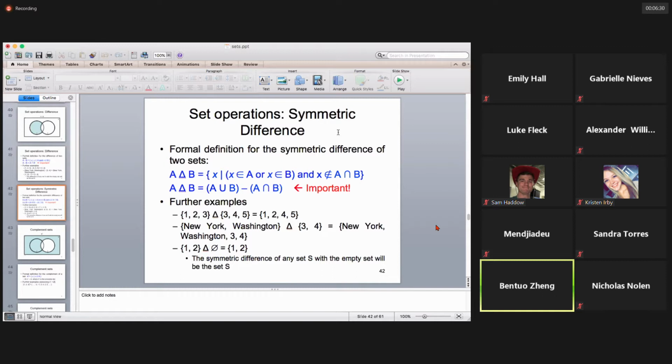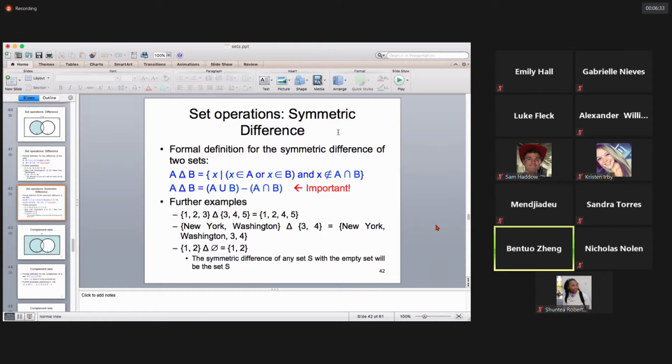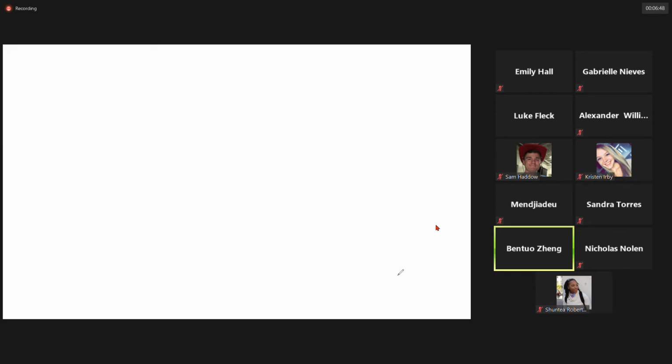If you look at the picture of the symmetric difference, to help you understand: you have a universal set U, and you have A, and you have another set B. The symmetric difference is exactly this part.